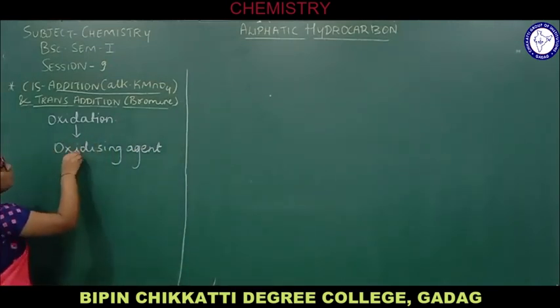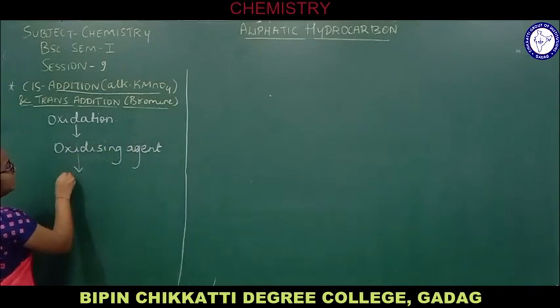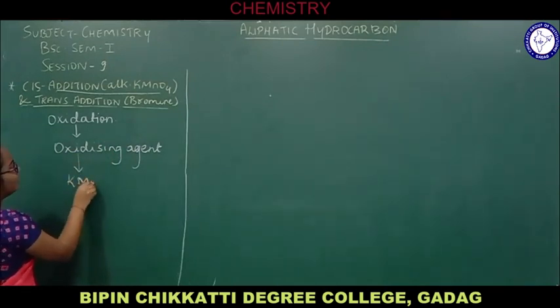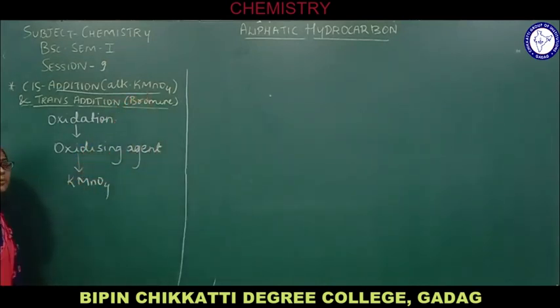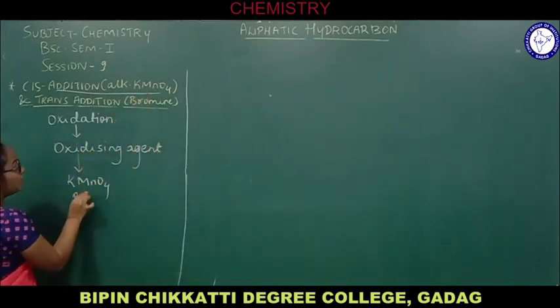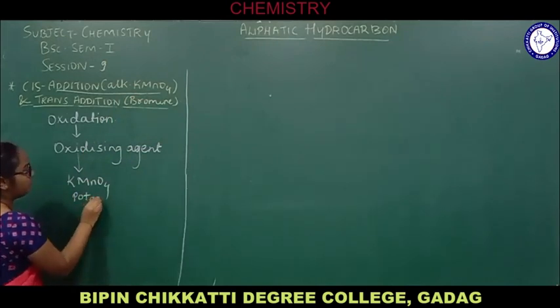Now the most important oxidizing agent is KMnO4, which is called potassium permanganate.